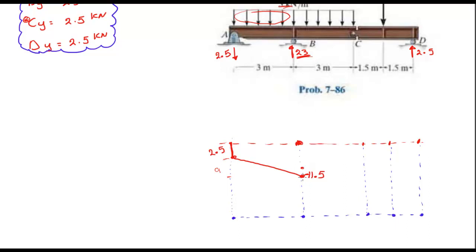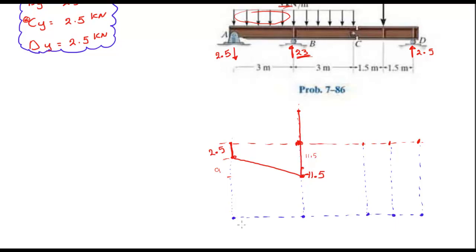So this distance is 11.5, and I'm pushed all the way here to 0. I was pushed 11.5 and another 11.5, because 11.5 and 11.5 give me 23. So I'll end up going here. The total pushing is equal to the reaction here. So it should look something like this.